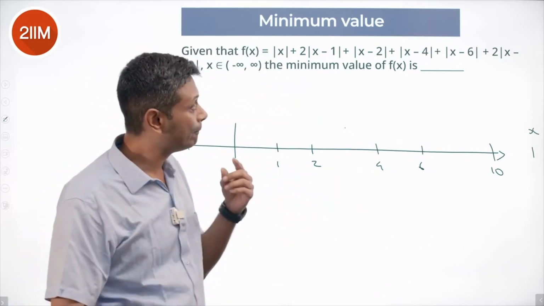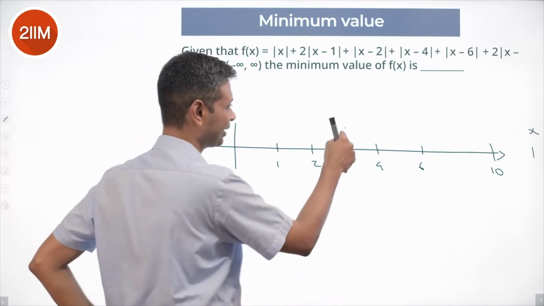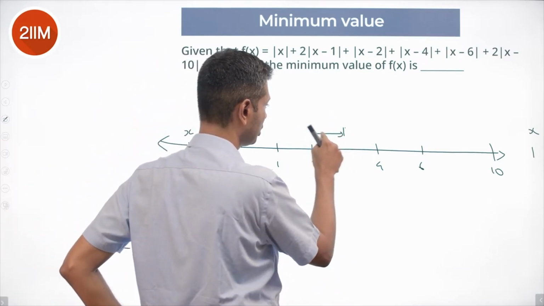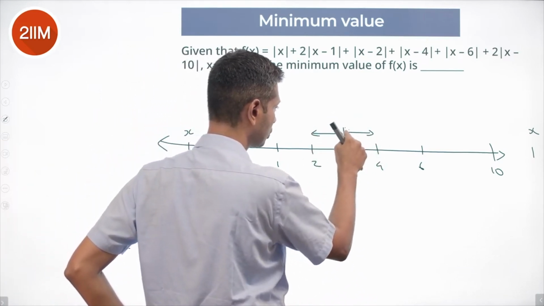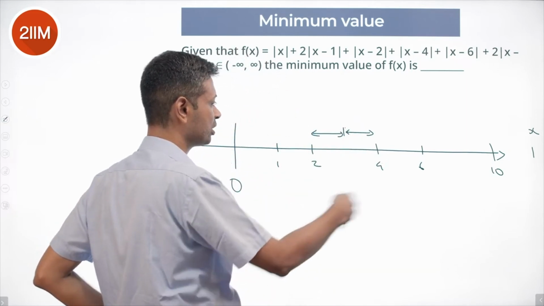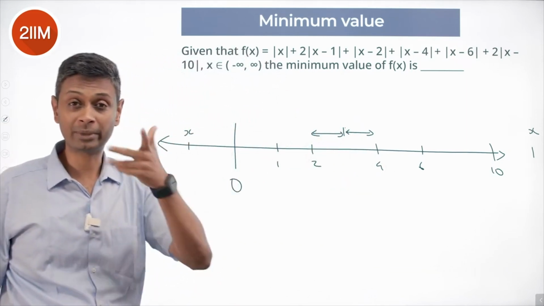And digging deeper, if I put x here, this is modulus of x minus 2, this is modulus of x minus 4. Add these two distances, that's 2. Wherever x is in between, doesn't matter.